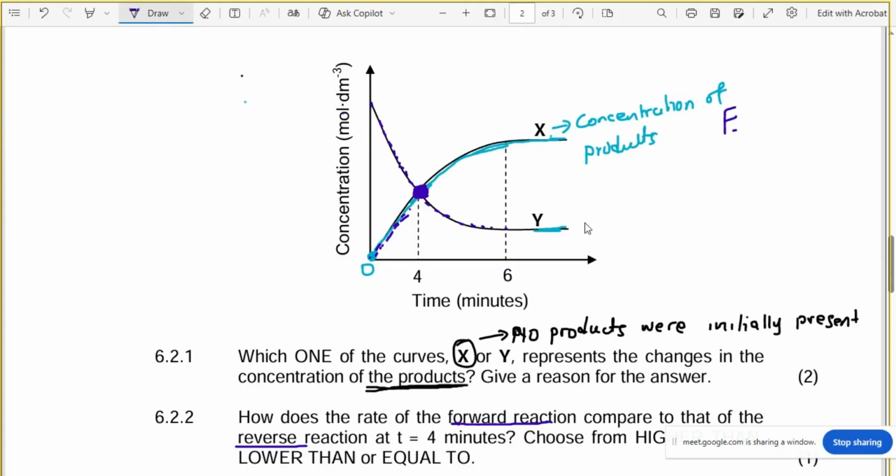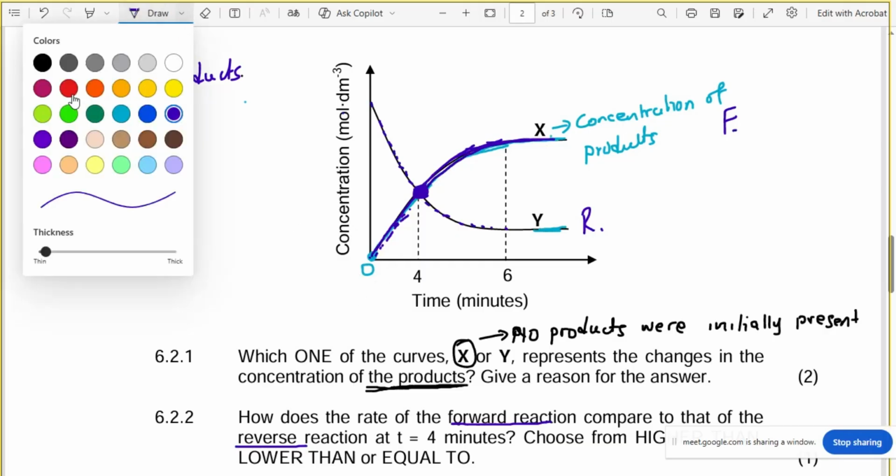This is the forward, this is the reverse. Why? Because we are producing products. The forward reaction is the one that gives us the product. The reverse reaction is the one that increases the reactants. So when I look at this, the products are increasing. So the one that increases the product is the forward. So X is the one that is forward.